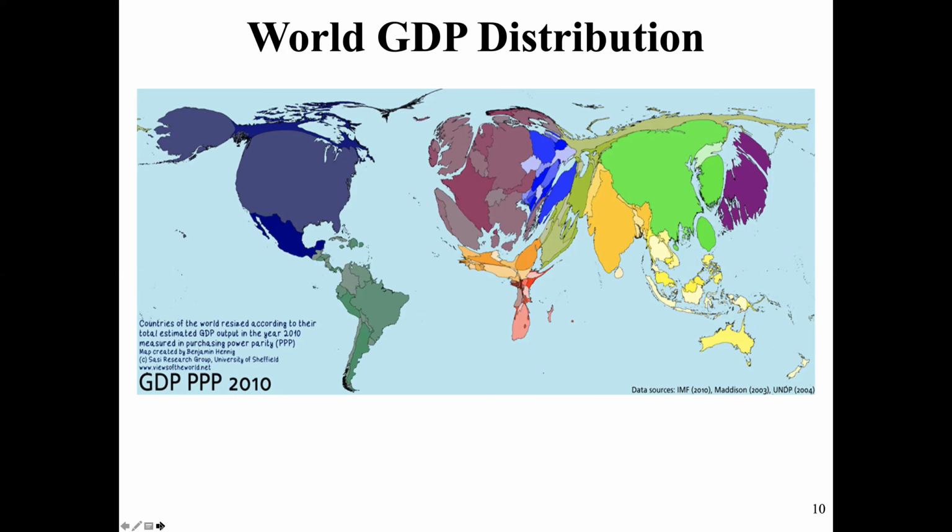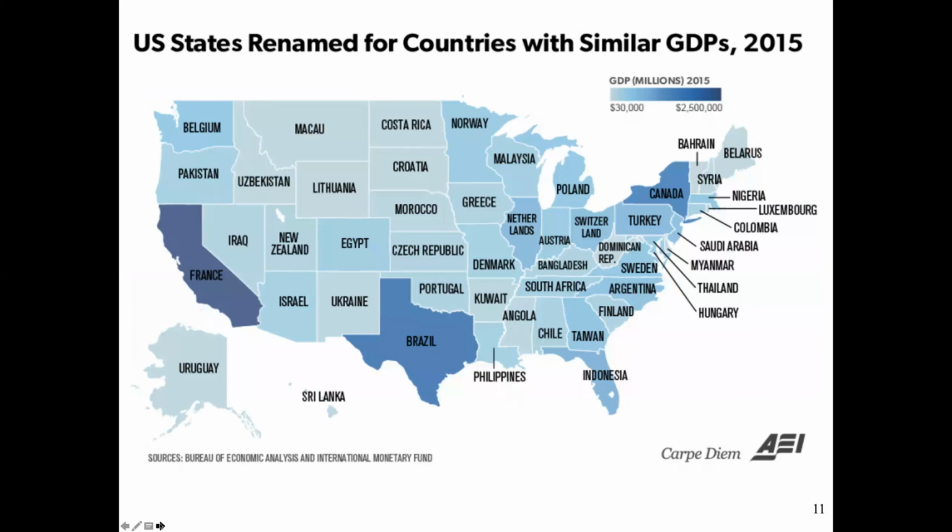And then considering we live in the US with $20 trillion of GDP, this shows each US state and the country that is representative of the same size GDP, the same size economy. So California is about the same size as France, and so on and so forth. So those are a couple fun indicators.